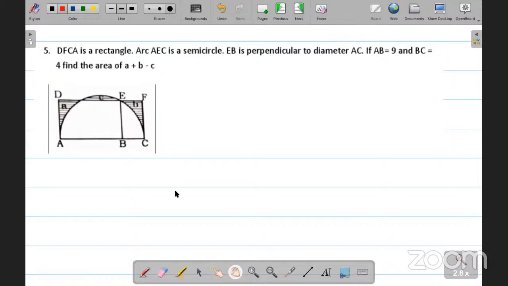Now see, before you solve this question, you need to know a property.